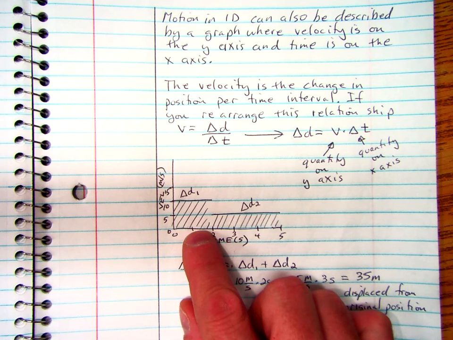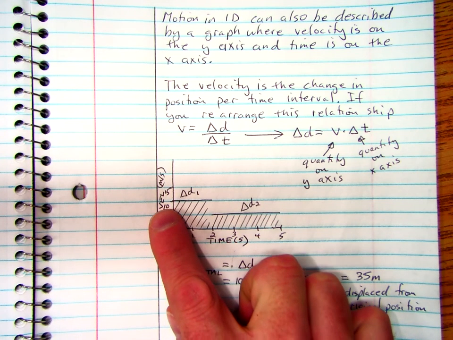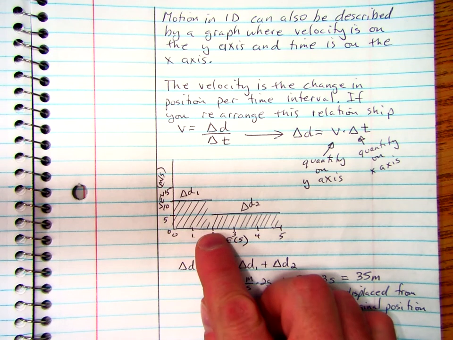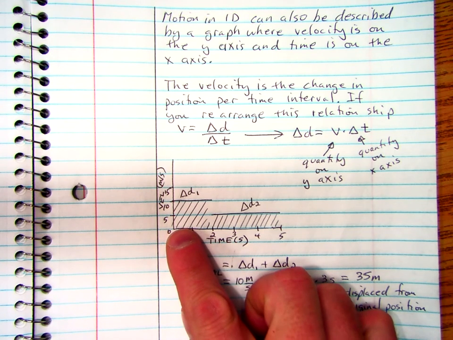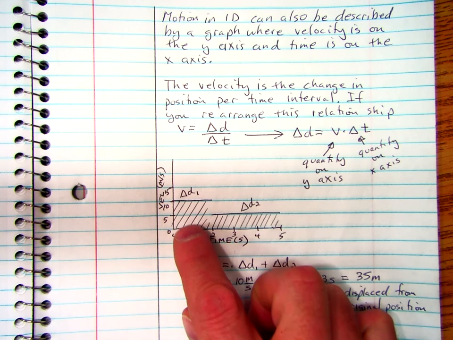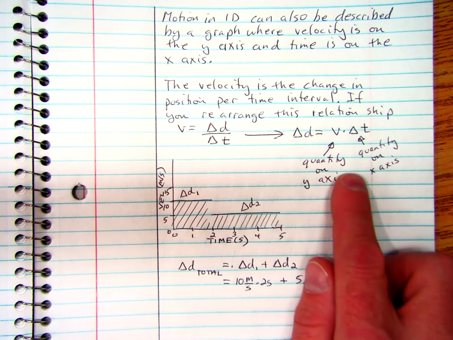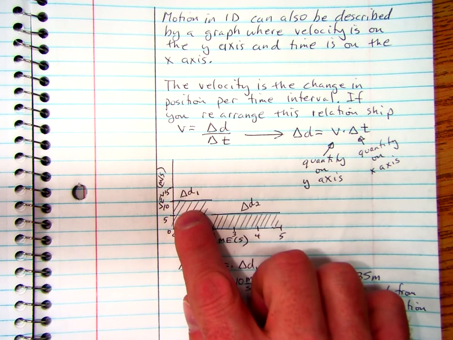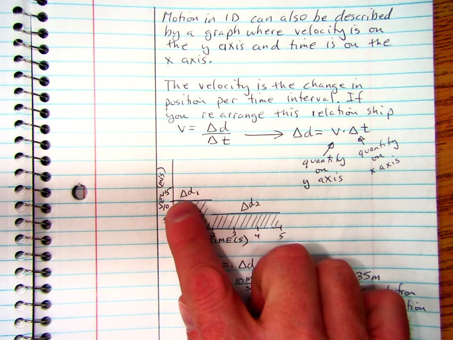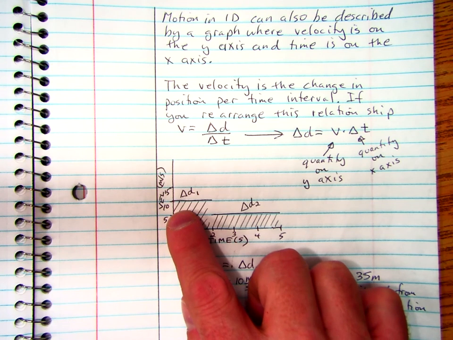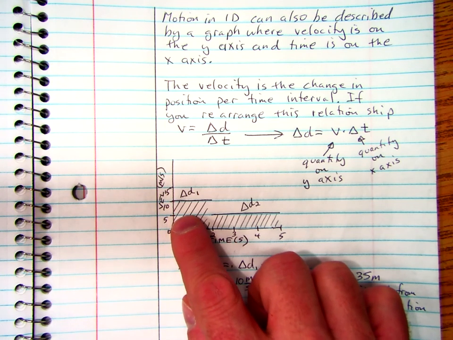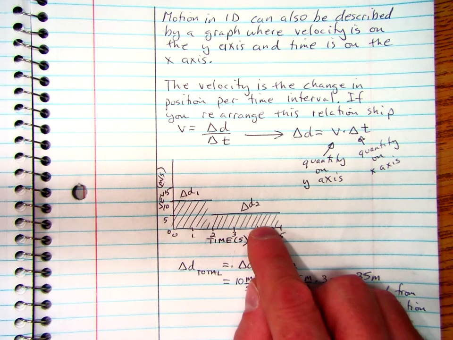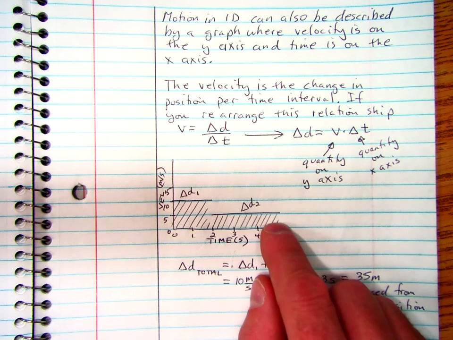And notice the velocity is the height of this rectangle, and the time interval is the width of this rectangle. And if you multiply velocity and time together, as indicated by this relationship, you get the area under this line. It's called the area under the curve, even though the curve is really a line. Same with this one. It's a different shape, but you still get an area.